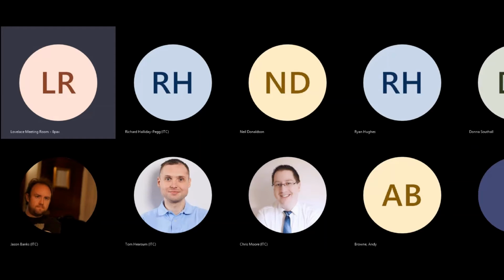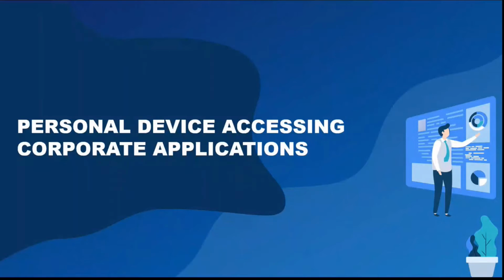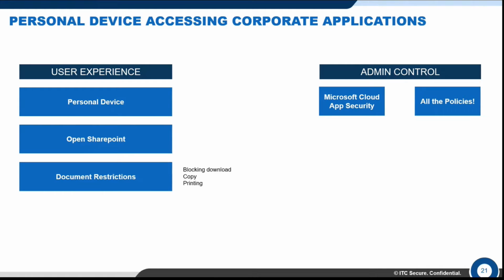Thank you very much. Thanks, Tom. So we talked about how we protect a corporate device. So what do we do around BYOD or personal devices? And what we do around this is we actually start protecting the applications and the data. So yet again, we're going to show you what it's going to look like from a user experience and how we control their access to those corporate applications and data. And in this scenario demo, we'll protect the data in applications such as SharePoint, as we just showed you.